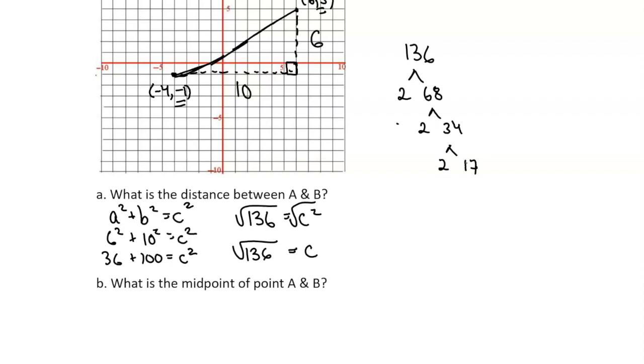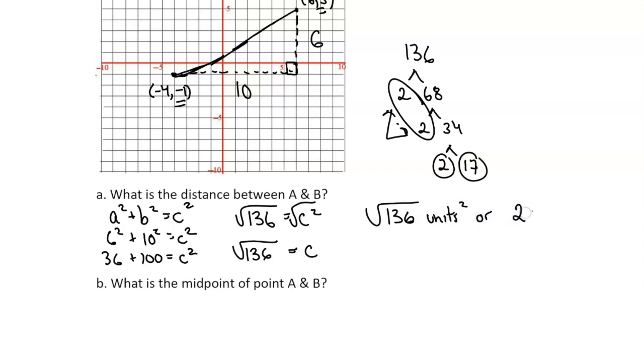I could say it's the square root of 136 units. Or if I wanted to create a mixed radical, I could take out a 2 because there's a pair of 2's. So it's the square root of 136 units, or as a mixed radical, because I could factor out a 2, it's 2 root 34 units, with the 34 staying inside. Both are acceptable ways of saying something like that.